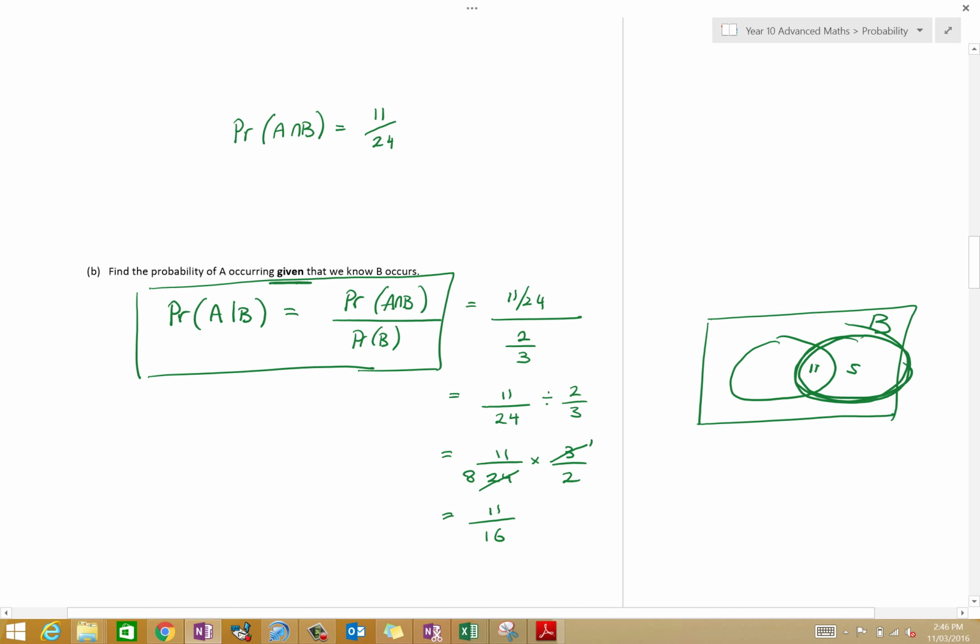So the probability would be 11 out of 16. Does that make sense? So if you had a Venn diagram, you wouldn't have to use that formula. Okay?